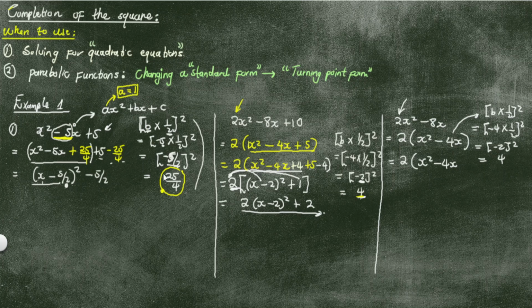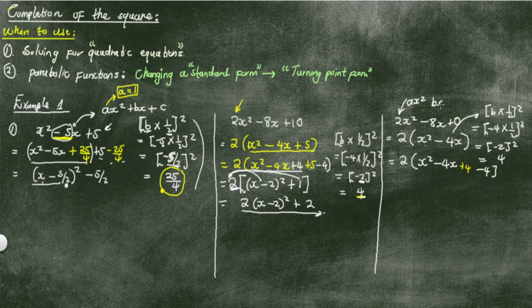I take the 4, what do I do with this 4? It's going to be a plus 4 here, and then a minus 4. If you look at this problem carefully, there's a plus 0 here.